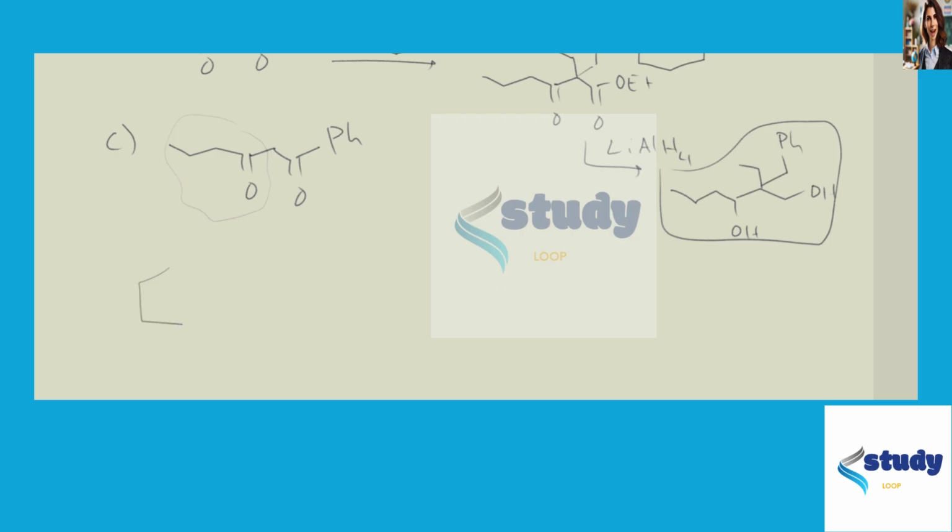So if we were to take our benzene and react this with acetyl chloride in AlCl3, we can access this acetophenone.